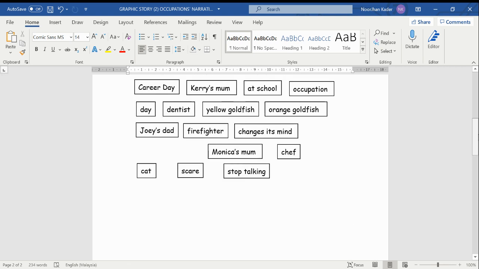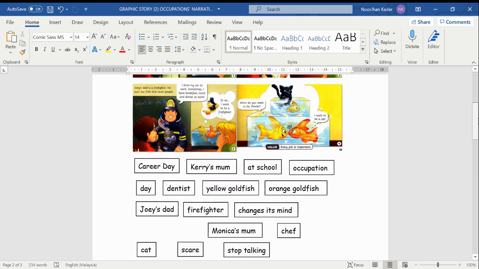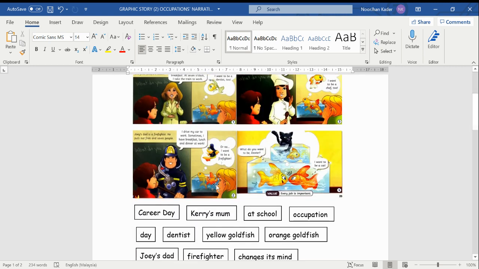Okay. Number 15. What happens? Look at the second one. The yellow goldfish says it wants to be a firefighter. It changes its mind. First, you see the orange goldfish is just ignorant. It doesn't really care. It doesn't want to hear. But the second time the yellow goldfish says, "Oh no, I want to be a firefighter," you see that the orange goldfish's eyes become bigger, like it's blinking.